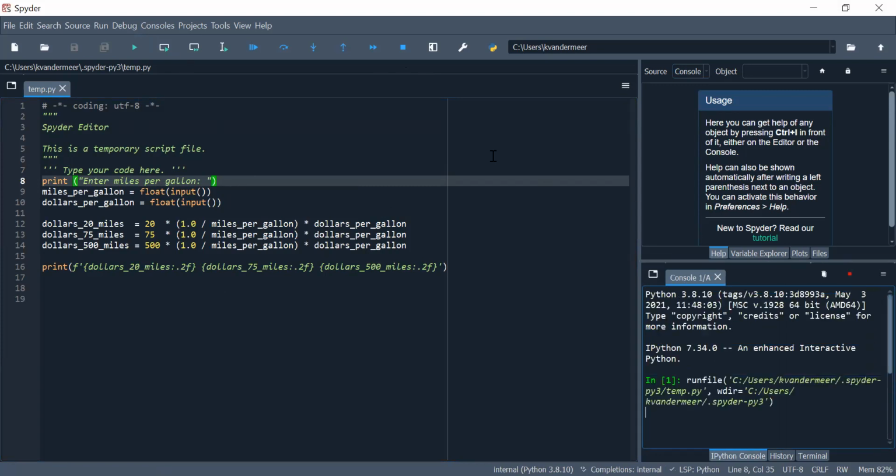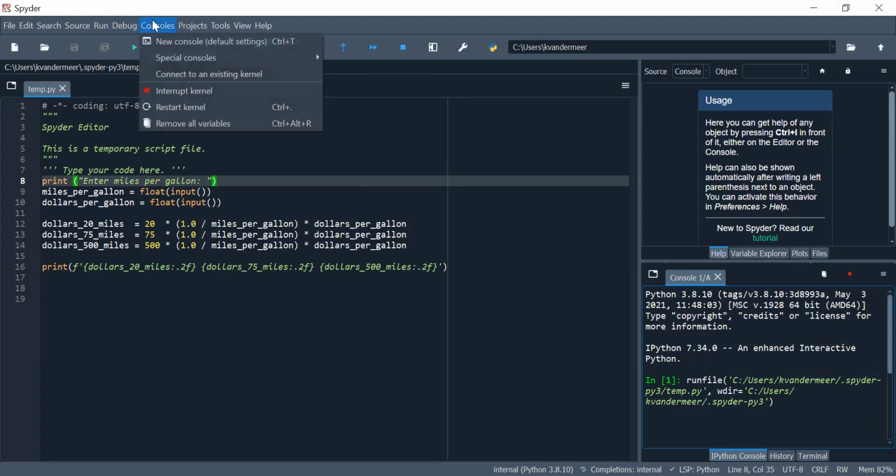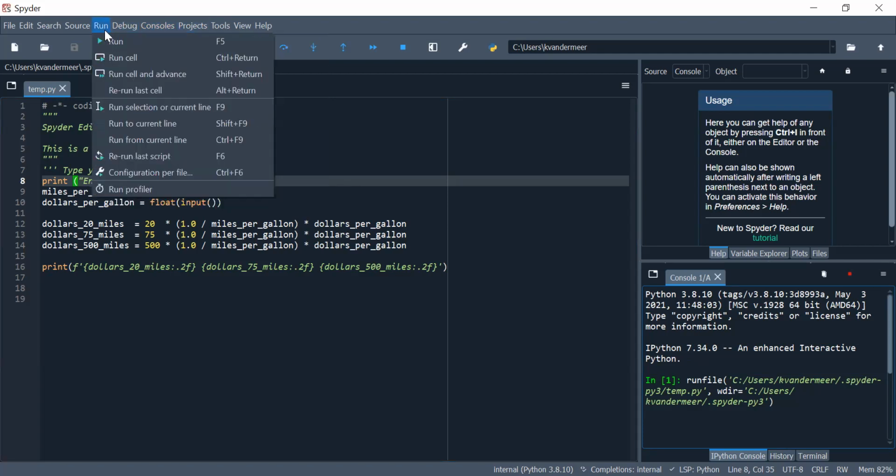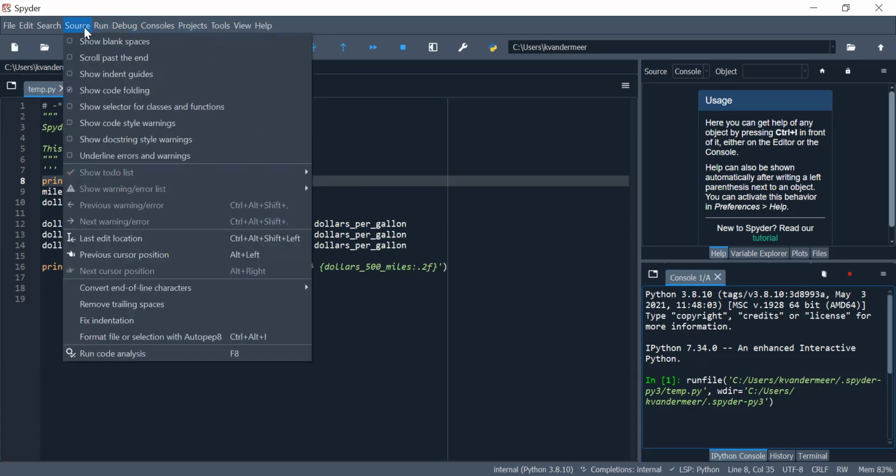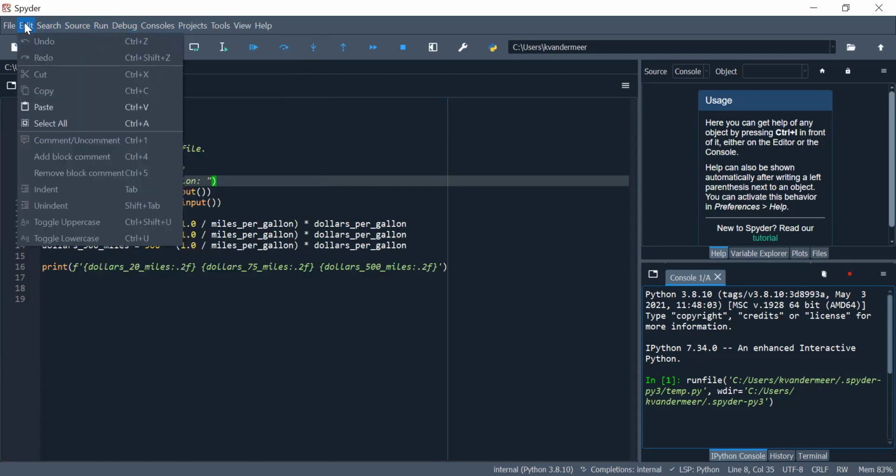Is it in my output window? Well, do you have an output window in Spyder? Yeah, but normally for me, if it's a prompt, it brings up a separate window.